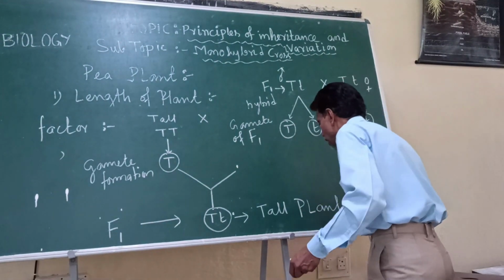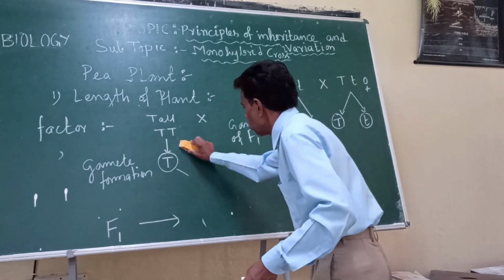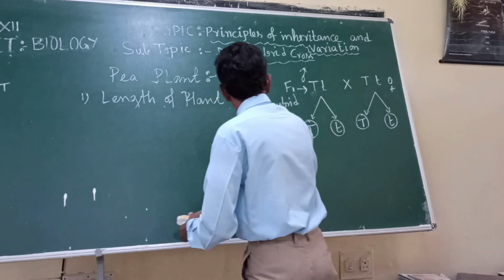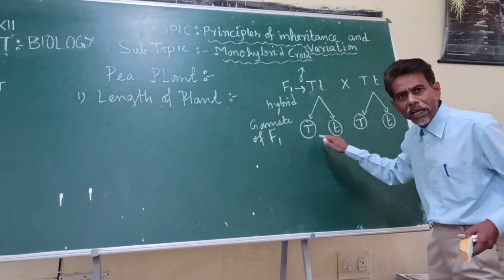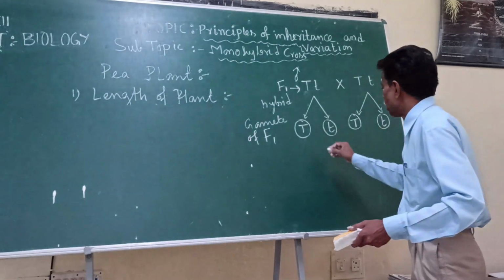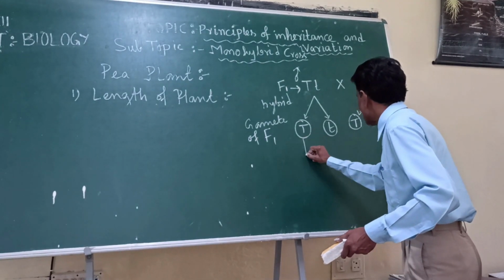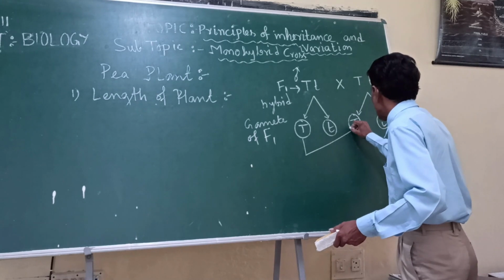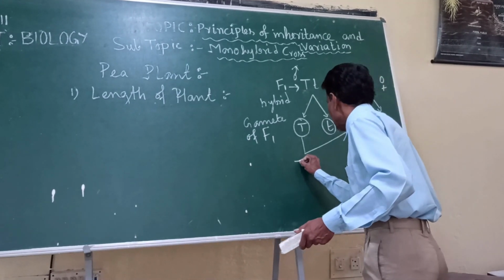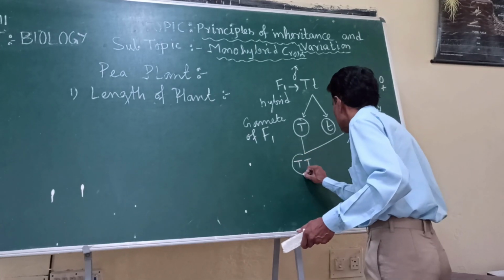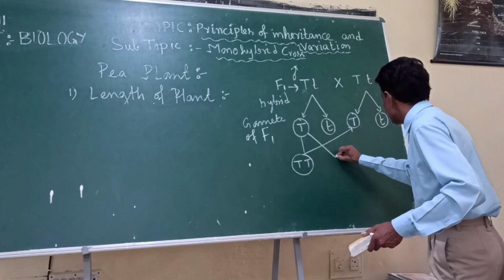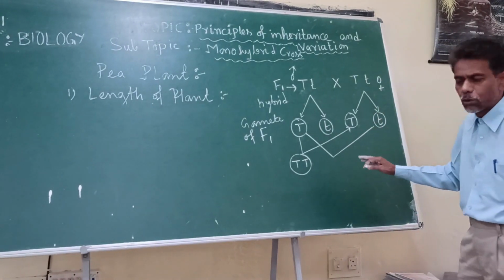Now, when the F1 gametes fertilize with each other, random fertilization, this capital T can fertilize this gamete, resulting in capital T, capital T, the new generation. It can fertilize this. It's purely a chance factor.